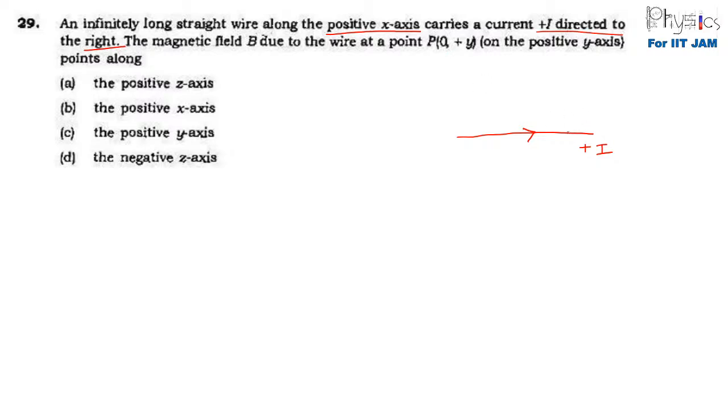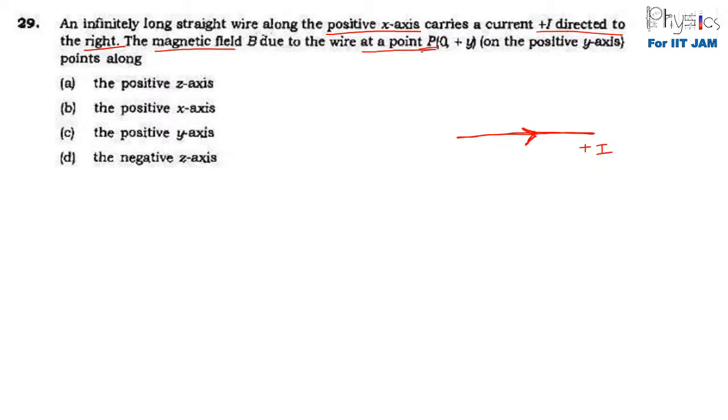Okay, so this is our current along the positive x-axis. Now you are asked to find the magnetic field due to this current flowing towards the right at the point P.